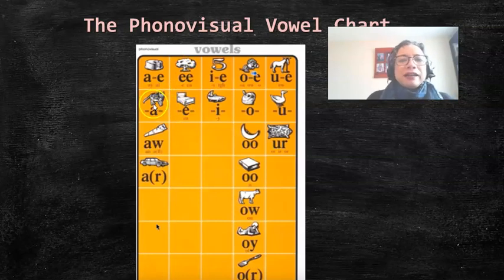And those are cat A, bed E, pig I, top O, and duck U. If you notice, the way I pronounce this is like a Spanish A, but with your mouth very open.